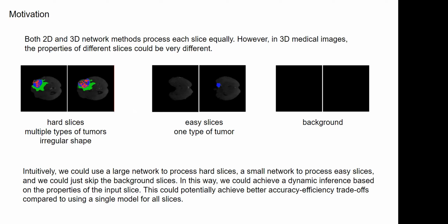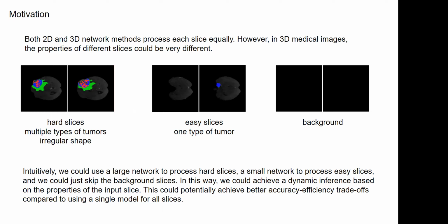And for some of the easy slices, a small network may already suffice to make a very good prediction. You don't need a large network to get a very accurate segmentation because there's just 1 or maybe 2 very simple tumor types, and the tumor region is very small.